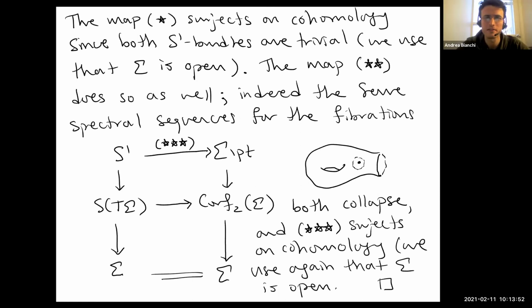May I ask, in the unstable range, so when you have few points moving around, what are the best lower and upper bounds that you can get with this method? Yeah, so there, I will say that they're not sharp.